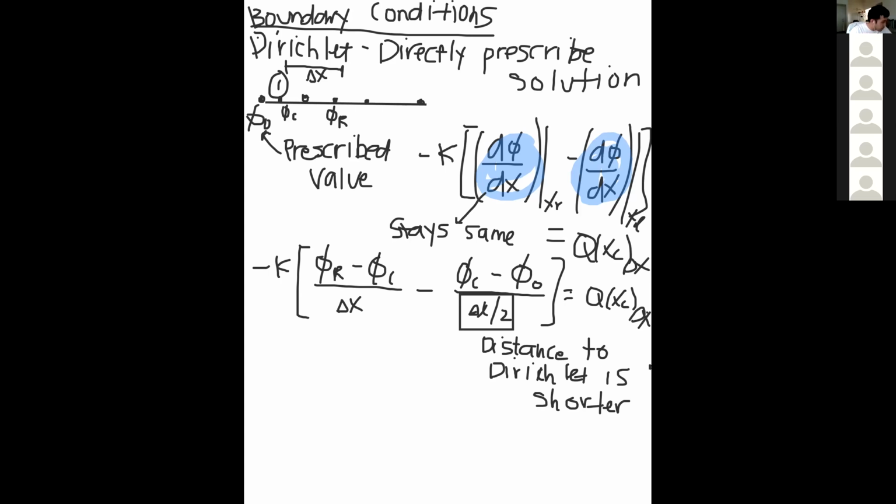So let's go ahead and simplify this equation a bit. Let's multiply both sides by delta x like we did and divide by k. And so what we get for a Dirichlet boundary condition is phi r minus 3 phi c plus 2 times phi naught is equal to minus delta x squared over k times q at xc.